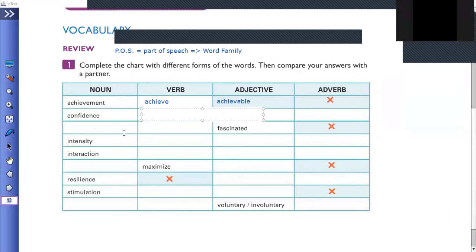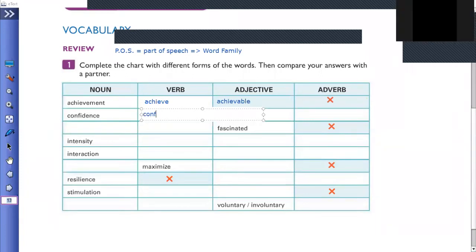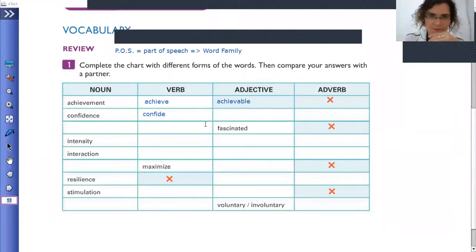I think the phone version can write, Miss. You don't need to write. I will do it, but I want you to tell me. What is the verb? Confide. Very good. Awesome. And what is the adjective?